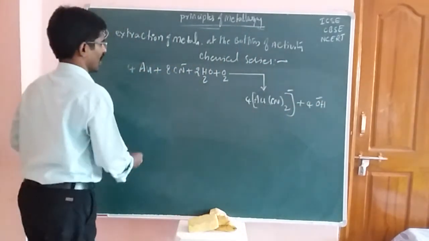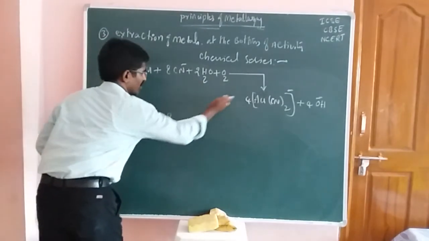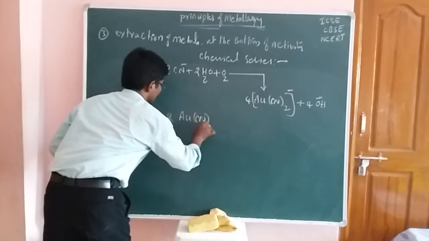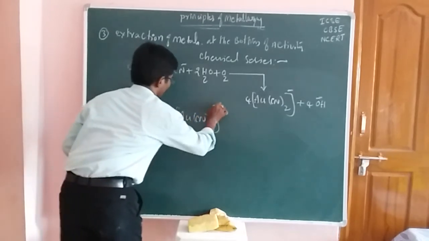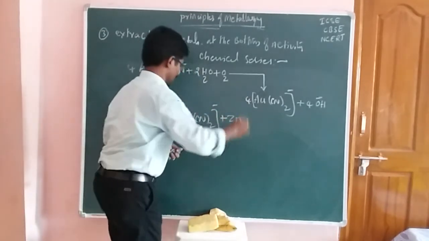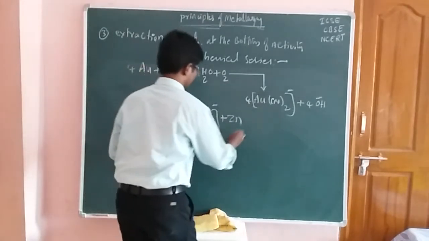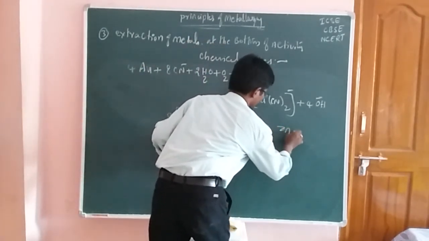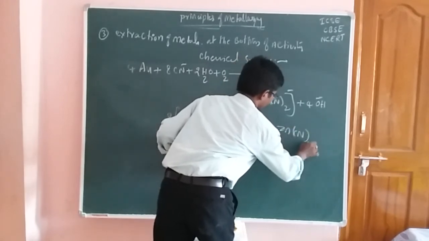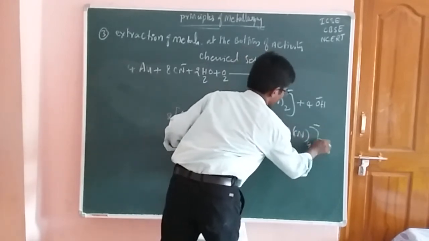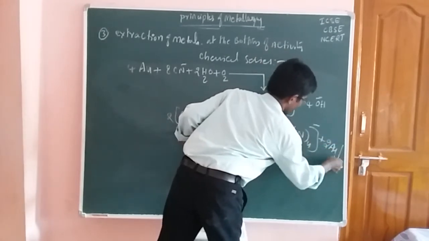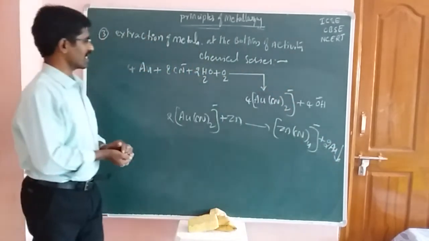Next, take half of the moles, that means 2 moles of Au(CN)2 minus, displaced by zinc, and it gives rise to Zn(CN)4 with a 2 minus charge, plus 2 moles of Au. So these are the extraction methods.